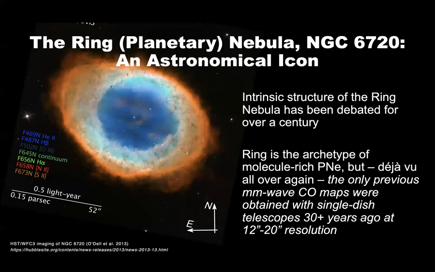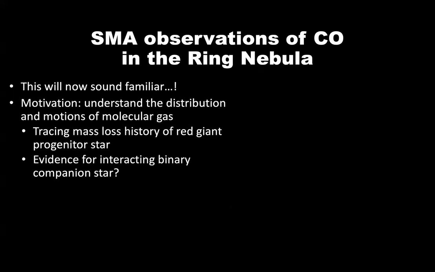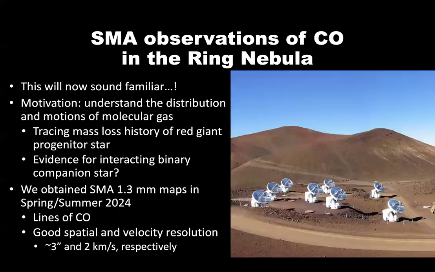But again, this starts to sound familiar, right? Like with the Southern Ring, the Ring Nebula, nobody had bothered to look at it in 30 years in carbon monoxide gas. And now we've got powerful interferometers. So this will look familiar. When the JWST images of the Ring Nebula came out, we thought, well, maybe we should take a look with the Submillimeter Array like we did for the Southern Ring, all the same things.